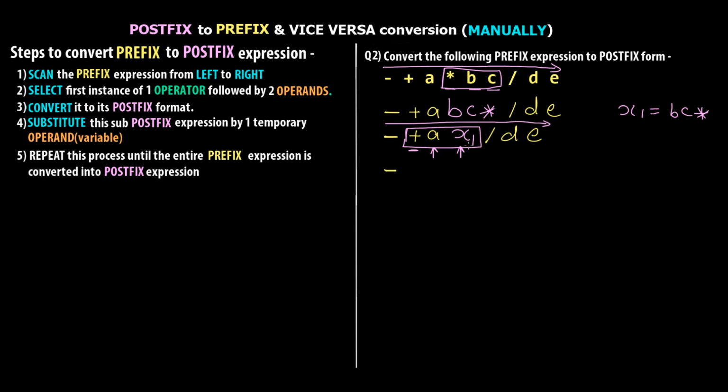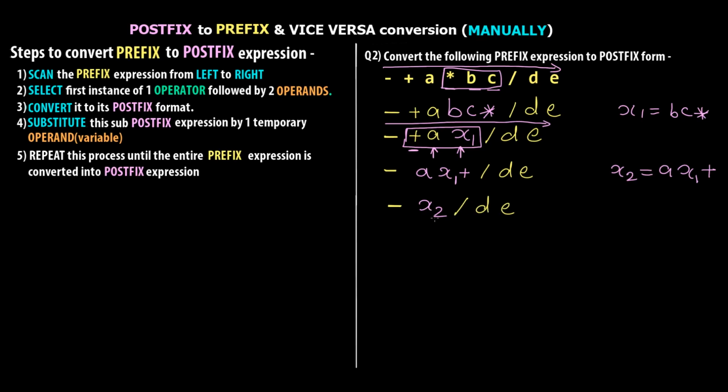Then this plus goes after x1, right? So we'll write A x1 plus, and divide by and D will be as it is. So now we'll say x2 is equal to A x1 plus, and now the expression will look like minus x2 divide by D and E.